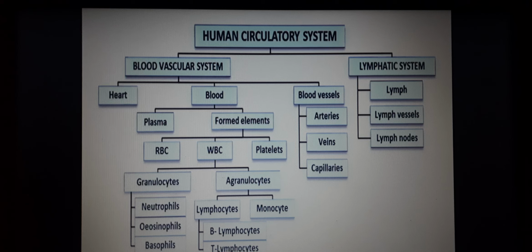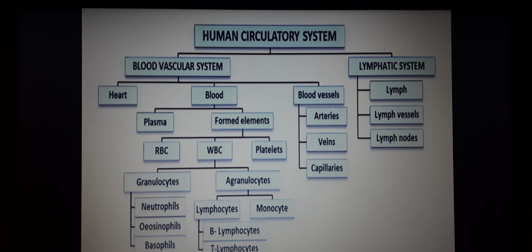WBC, the white blood cells or white blood corpuscles, are very important for our different functions. Granulocytes and agranulocytes. Granulocytes are neutrophils, eosinophils, basophils. Agranulocytes are lymphocytes and monocytes.